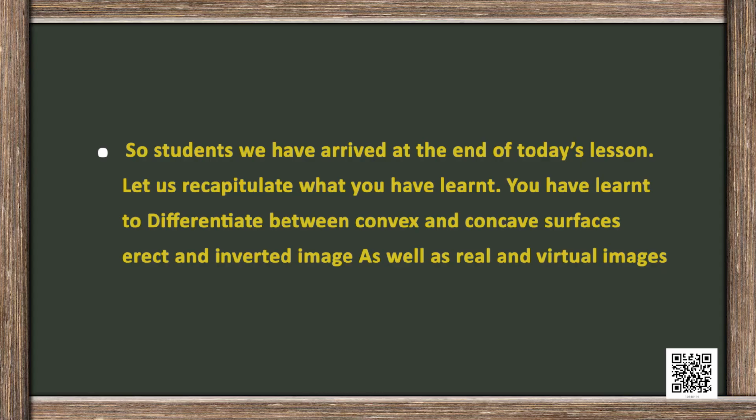So students, we have arrived at the end of today's lesson. Let us recapitulate what you have learnt. You have learnt to differentiate between convex and concave surfaces, erect and inverted images, as well as real and virtual images.